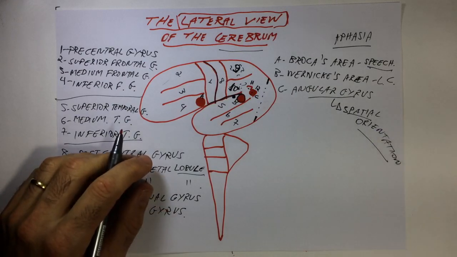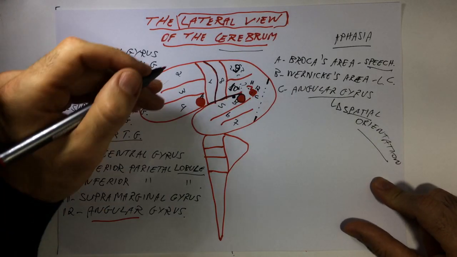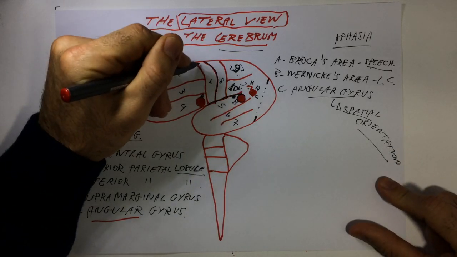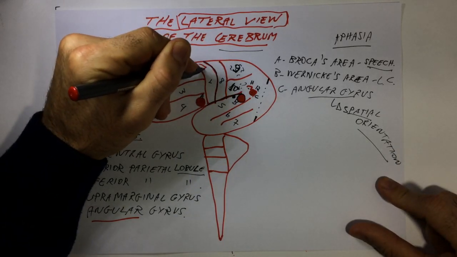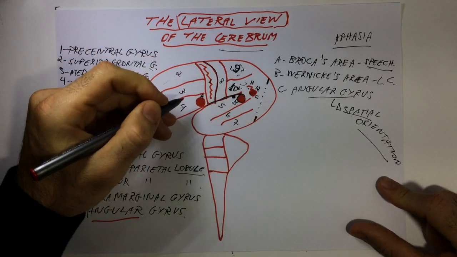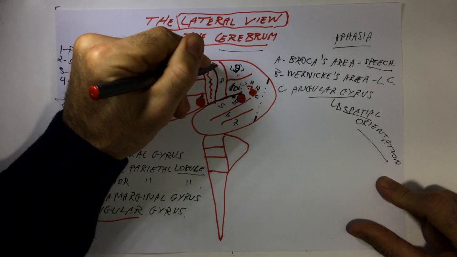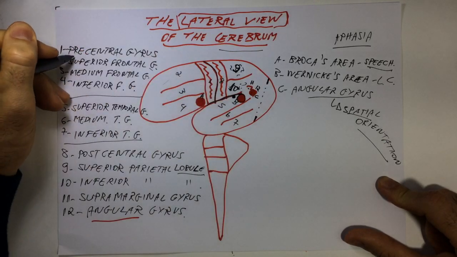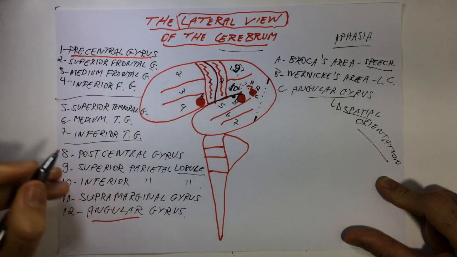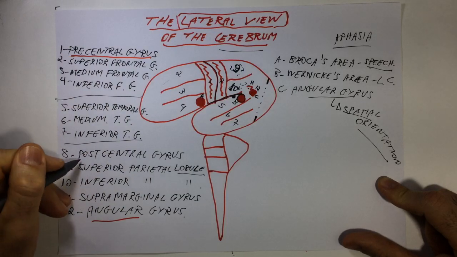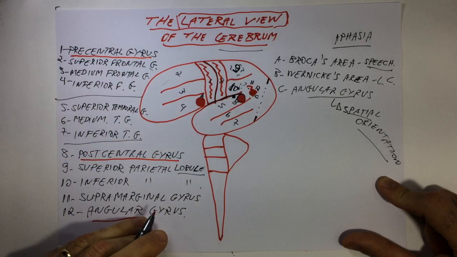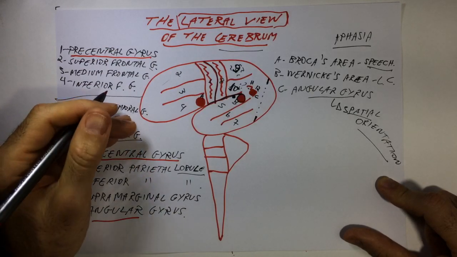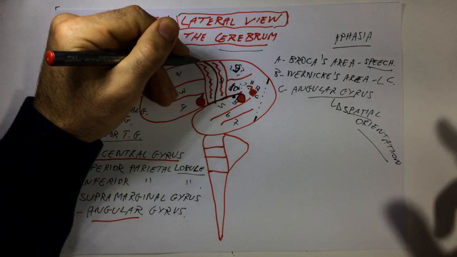And just to finish this video, I want to highlight two other areas, the precentral gyrus and the postcentral gyrus, that are related to the representation of the body, but in two different ways.